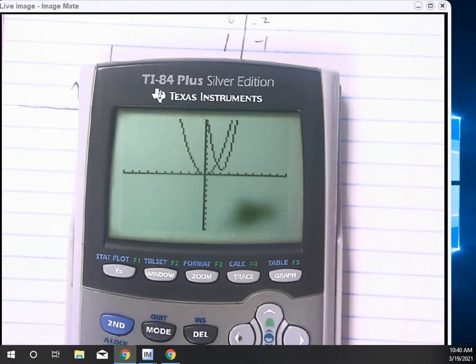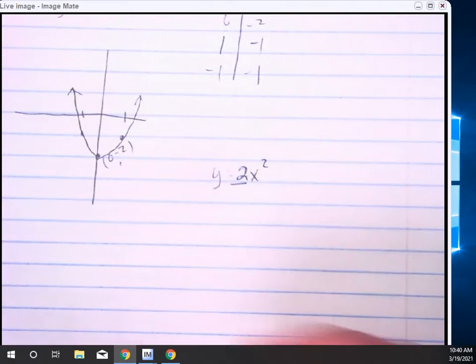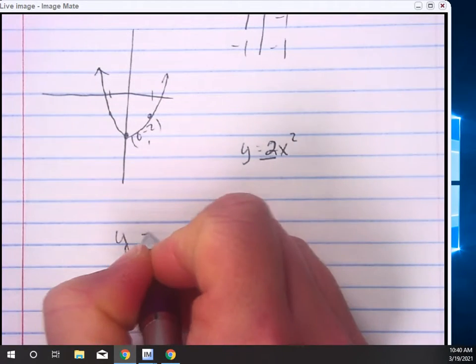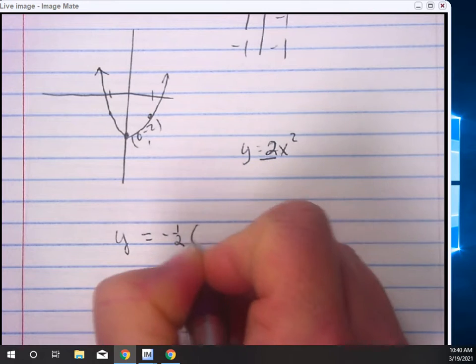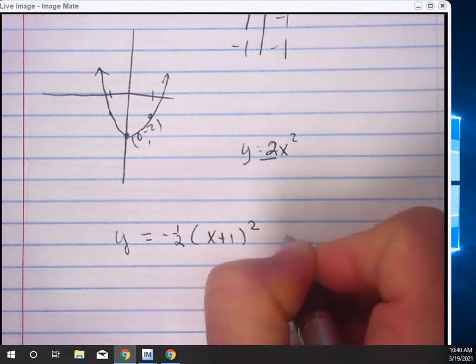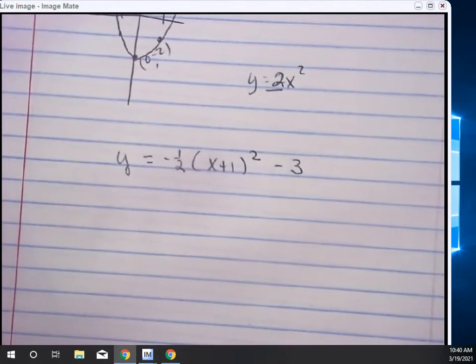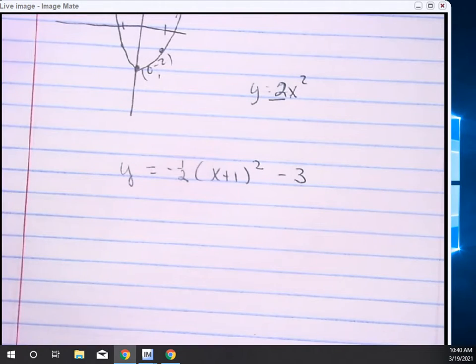Is that kind of starting to make sense? And I do expect you to use some of that terminology, okay? So if you're going to graph y equals negative 1/2 (x plus 1) squared minus 3, then you would typically just type that in the calculator, right?